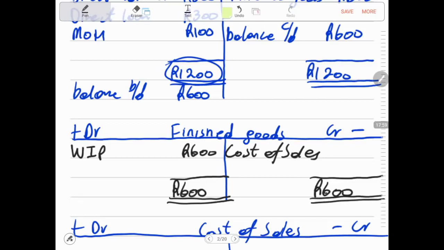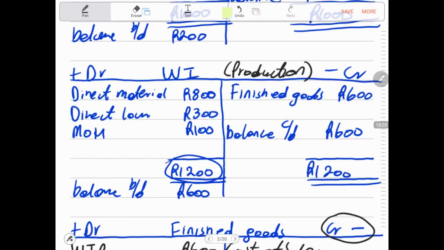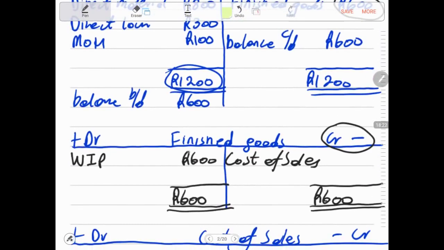Remember, the minute we sell inventory, our inventory must decrease on the credit side. And once again, the minute inventory is no longer in process, it must decrease. The minute it is finished, it must reduce the work in process, because it is no longer in process. Then that will end up increasing our finished goods.